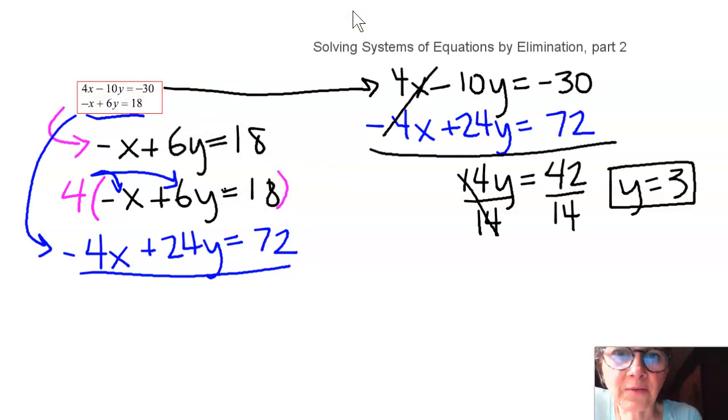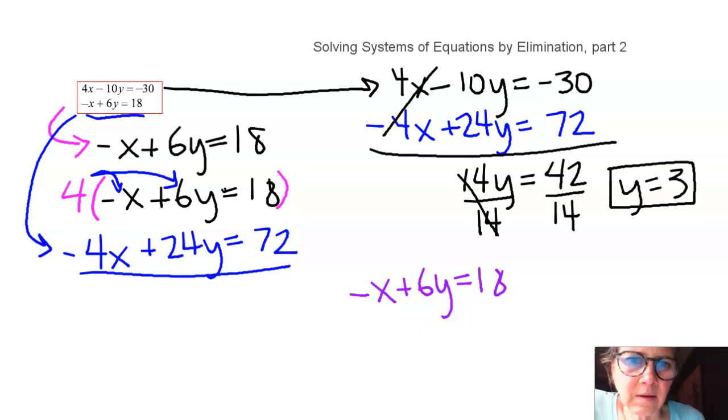I'm going to use a different color. Let's go to my purple. So negative x plus 6y equals 18. That is a terrible looking 18, but that's what I got. I want to plug in for the y, so I'm going to take this y value and plug it in right here. Because I'm solving for x, it's negative x plus 6 times, now y.